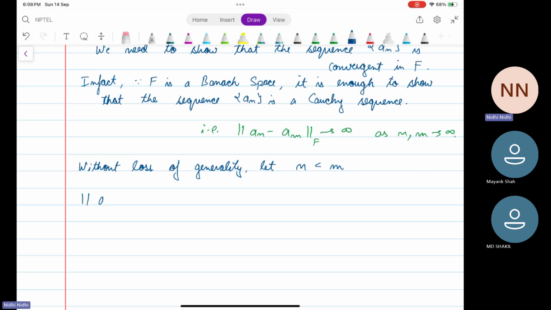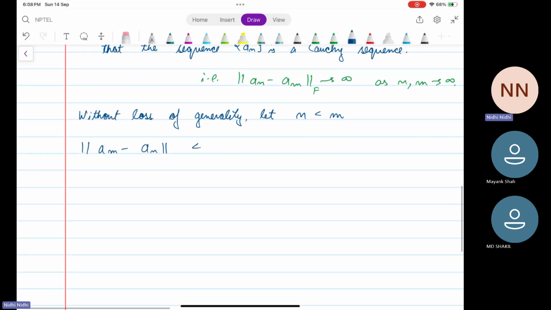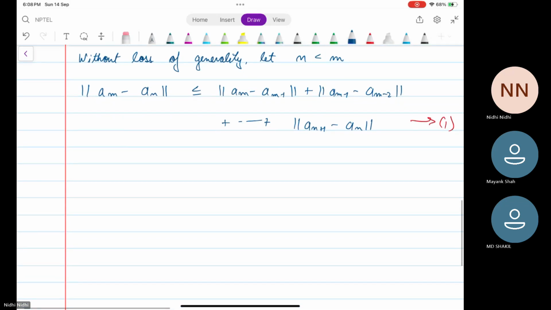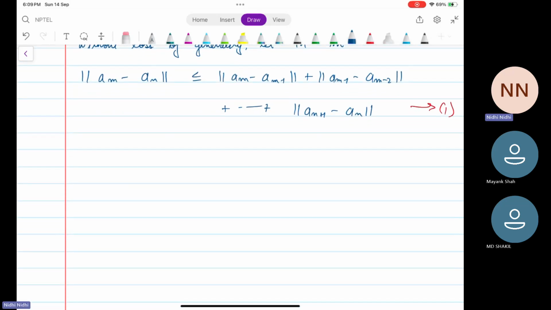Then we have the norm of a_m minus a_n, which is less than or equal to, adding and subtracting the in-between terms, the norm of a_m minus a_(m-1), plus a_(m-1) minus a_(m-2), and so on up to a_(n+1) minus a_n. Eventually, we need to see the norm of the difference between two consecutive terms. Let's mark this as equation 1 and look at the difference between consecutive terms.